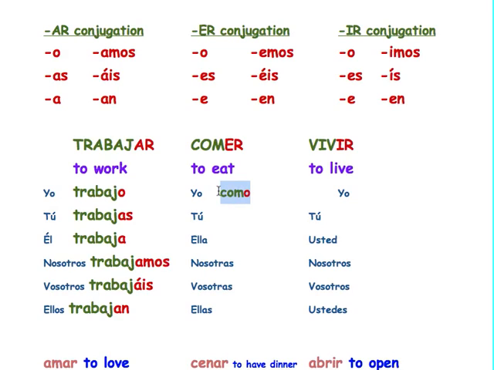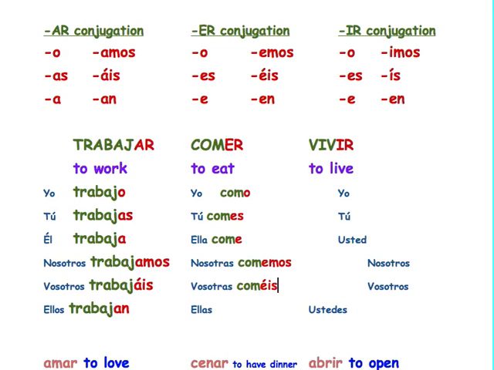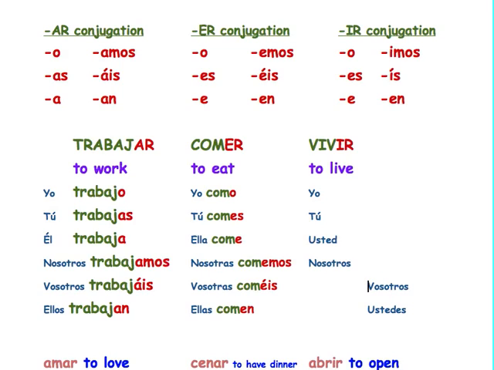Let's copy this and then tú comes, ella, él, usted come, nosotros, nosotras comemos, vosotros, vosotras, in Spain, coméis, ellos, ellas, ustedes comen. Easy, right?